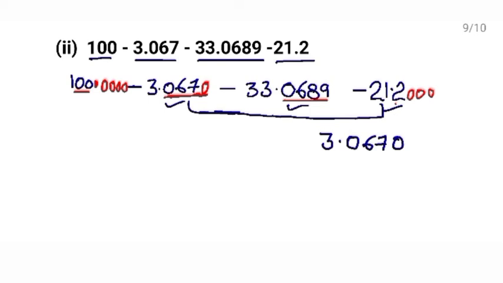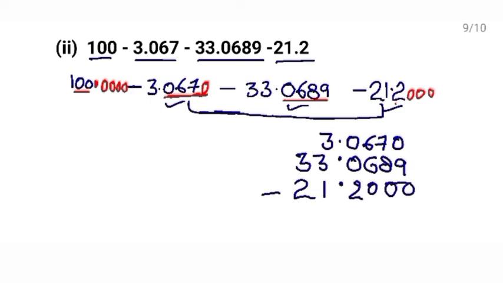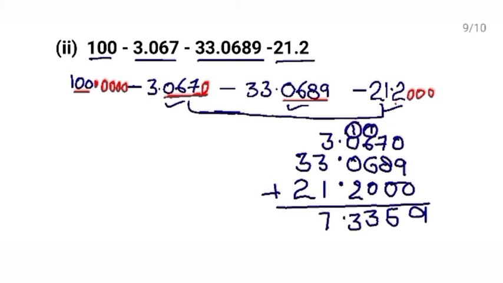3.0670. Next number is before decimal 33, after decimal 0689. Next, decimal below the decimal point, before decimal 21, after decimal 2000. Now add them. 9, 8 plus 7 15, 6 plus 6 12 plus 1 13, 2 plus 1 3, decimal point, 3 plus 3 6 plus 1 7, 3 plus 2 5.